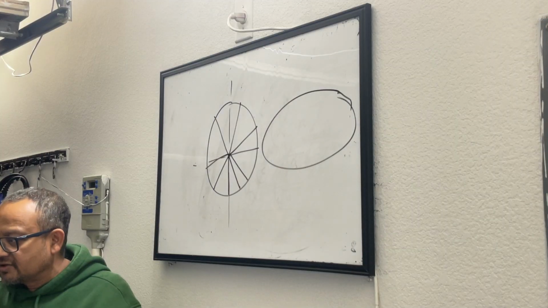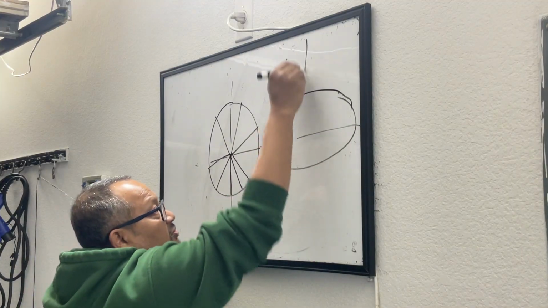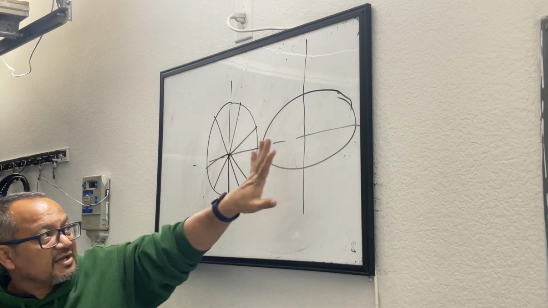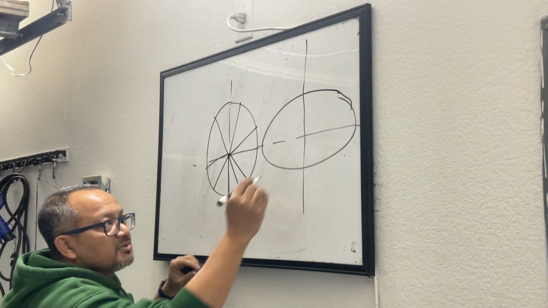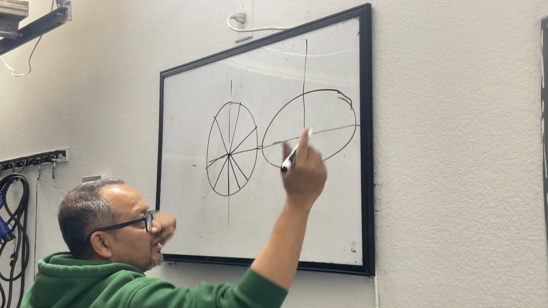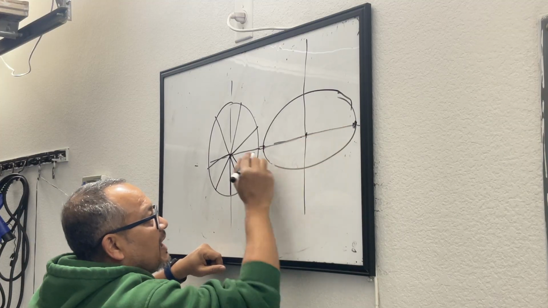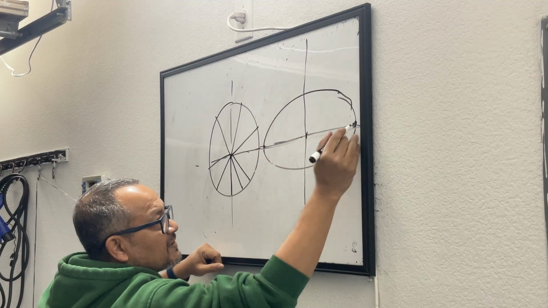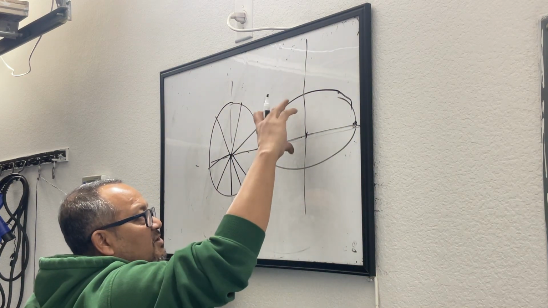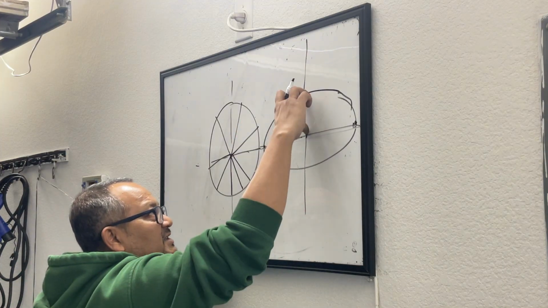So you have only one radius everywhere. Whereas in case of ellipse, you have two varieties of radius. One is called the major radius and one is called the minor radius. So where you see this being wider, where the radius is bigger, this is given as the major axis, and this distance from here to here is called the major radius. Similarly, this is called the minor axis, where you see a smaller value, and this distance is called the minor radius.